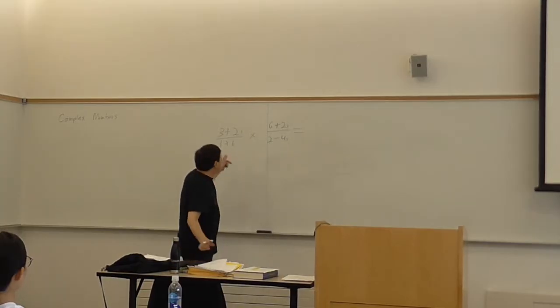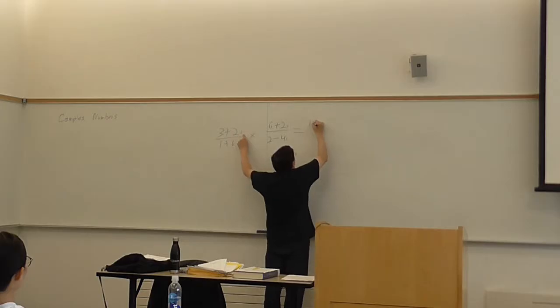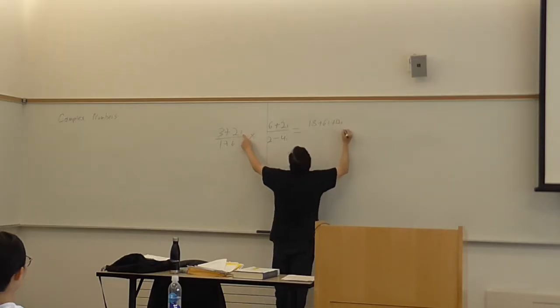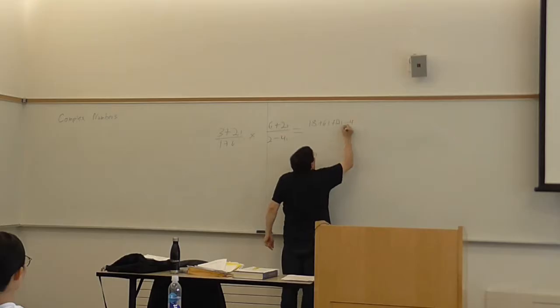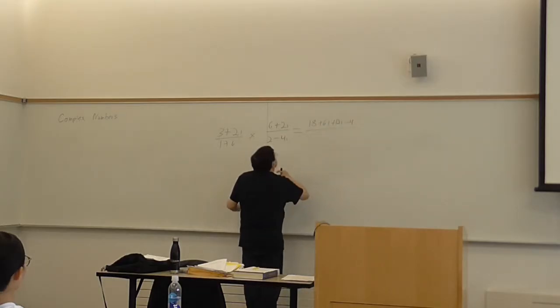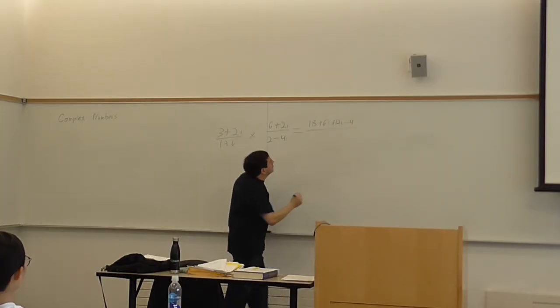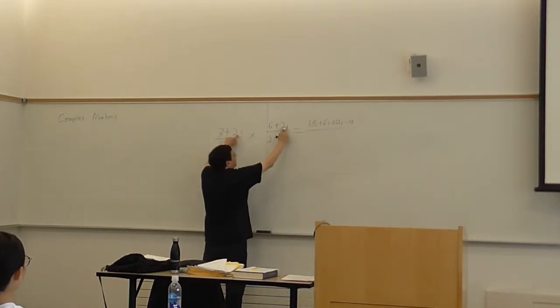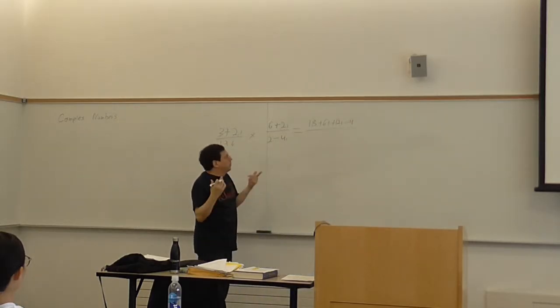All right, let's FOIL the top. So 18 plus 6i plus 12i minus 4, 2i times 2i is 4i squared, minus 4.